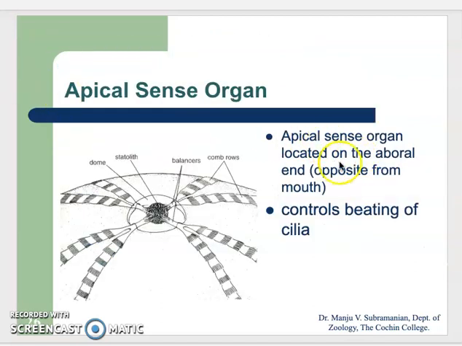This apical sense organ is located on the aboral end, opposite to the mouth, and it is this aboral sense organ that controls the beating of the cilia.